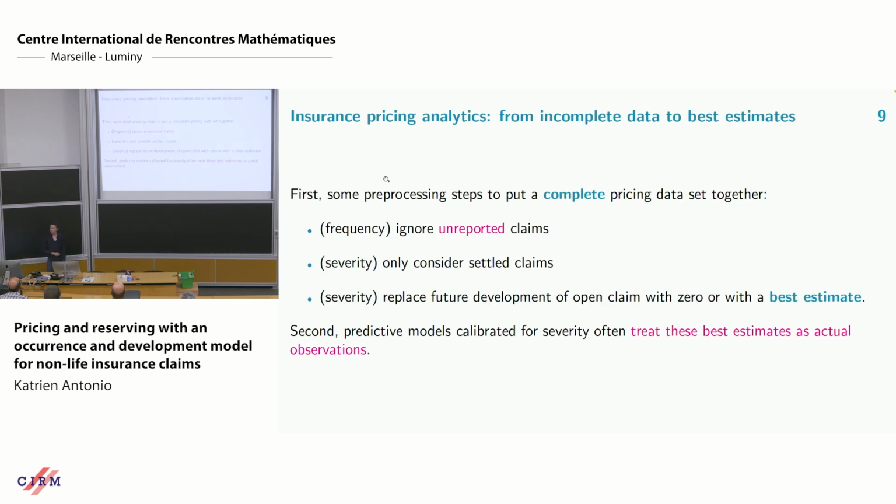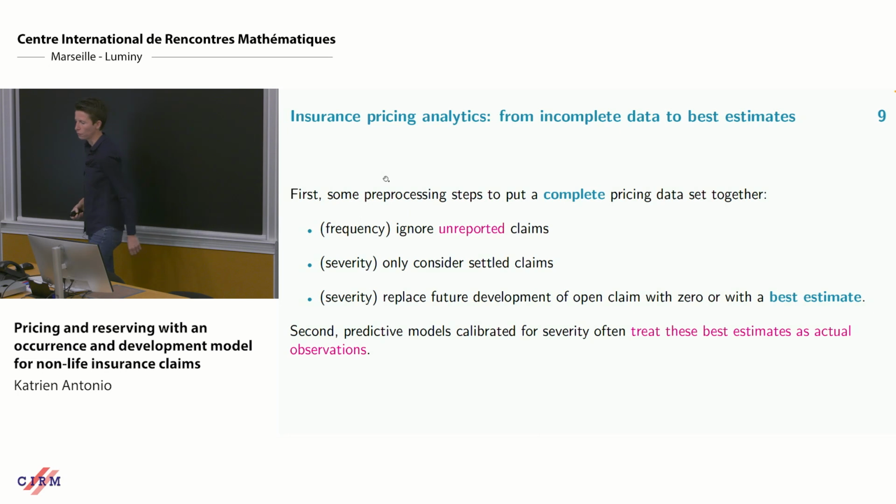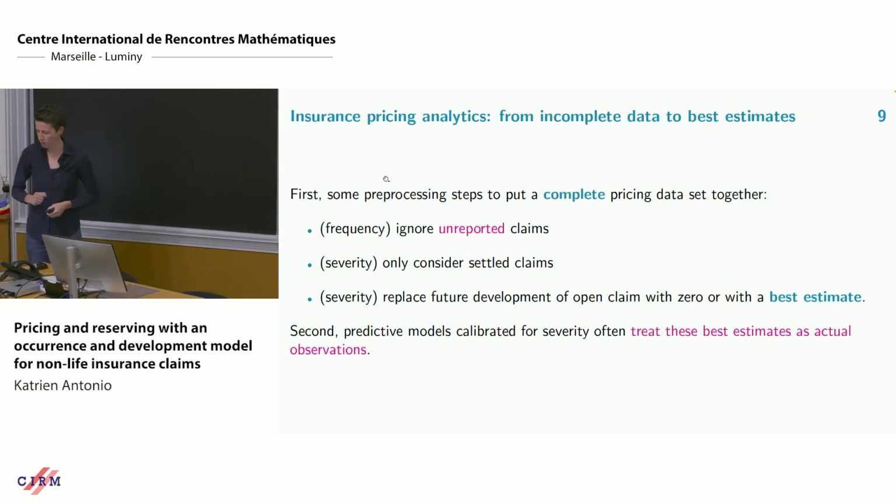Yeah. So if we see what pricing actually is, or at least if we talk to some people in the field, let's say, what kind of steps can we undertake then? Well, if you look at the frequency, maybe some claims are missing because they are not yet reported, we may simply ignore these unreported claims when building our pricing models.